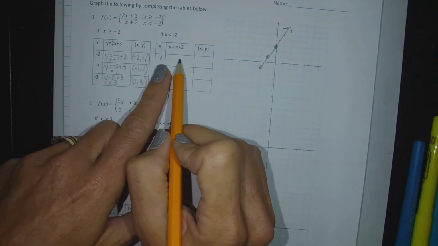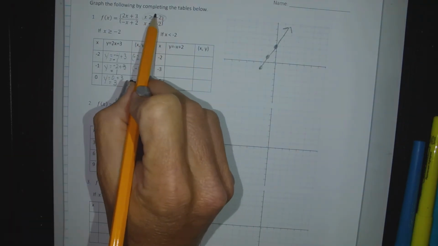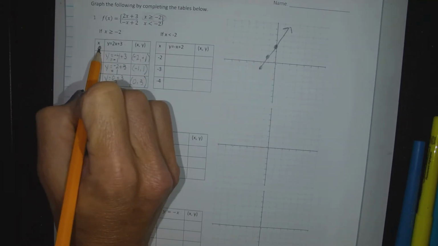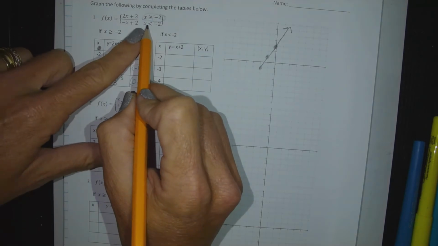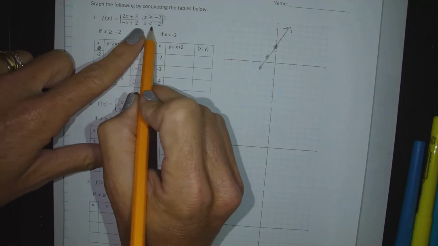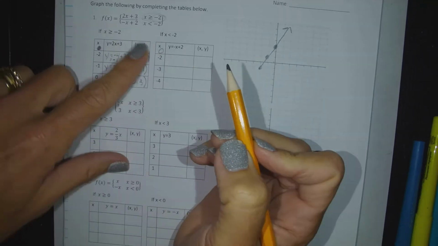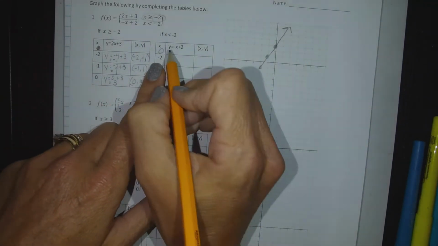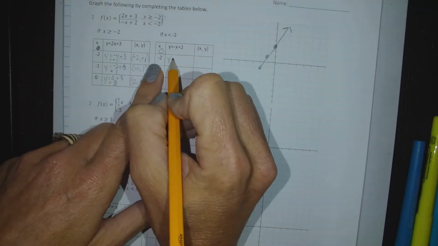Now let's go to the other line, okay? Notice up here, this included 2, so there was a solid circle. Over here in my range, this is less than -2, not less than or equal. So this is going to be an open circle here, okay? All right, so let's plug in the new line. All right, so we have -2.